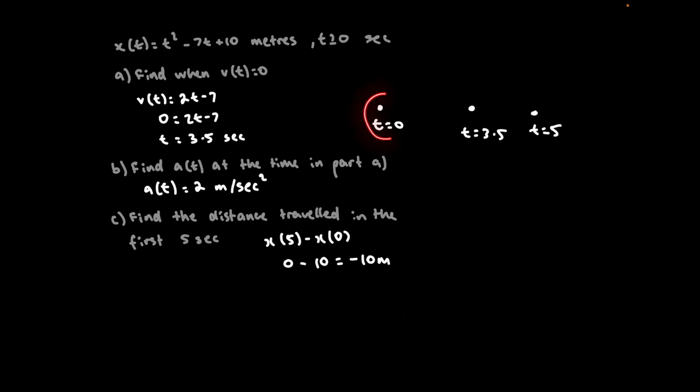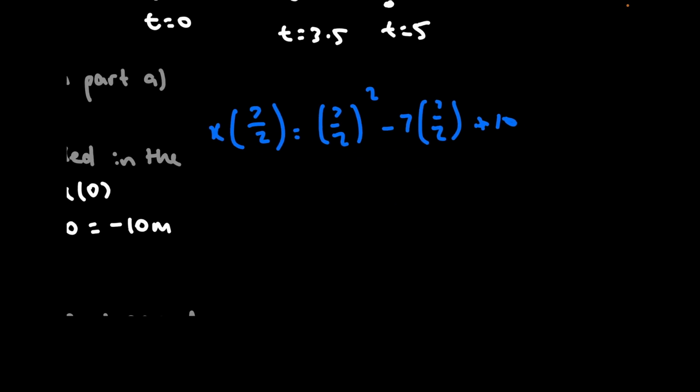So when t equals 0, we're at minus 10 meters. When t equals 3.5, we need to work that out. So let's work out what the displacement is. What is x of 7 over 2? When we do this, we get 7 over 2 squared minus 7 times 7 over 2 plus 10. And I don't have a calculator handy, so let's do it by hand.